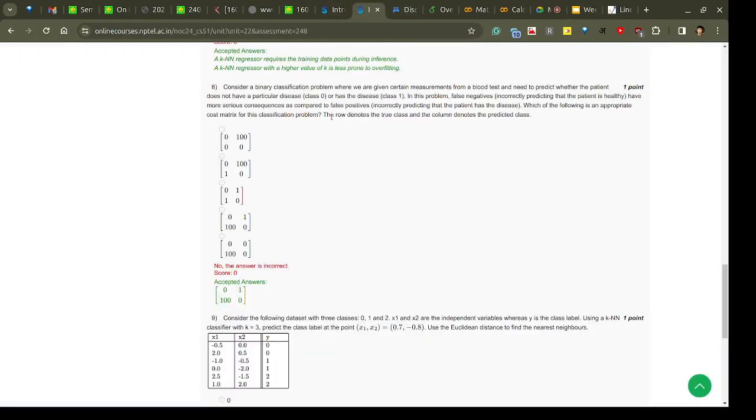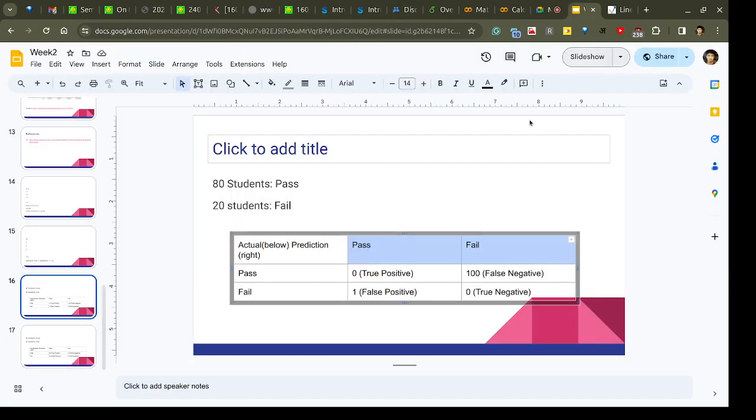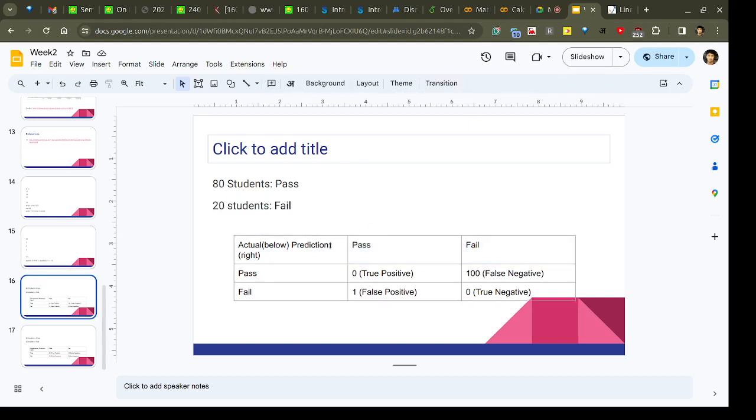Row is the true class. Yes, this is the row, and this is the prediction. But in our case, the prediction is this one. Okay, so in this case actual is column.